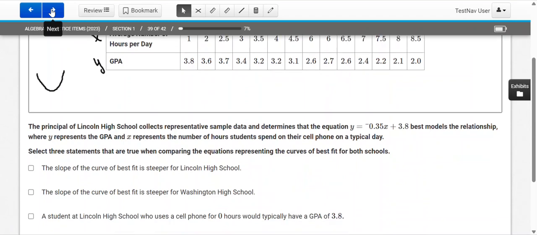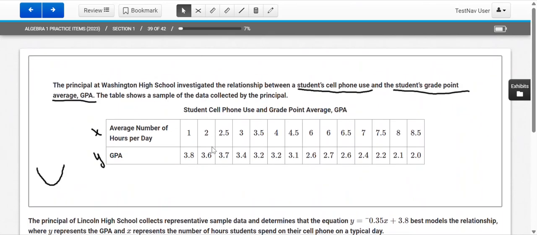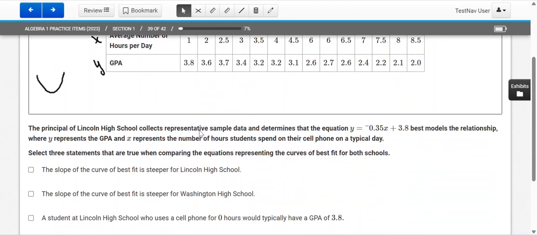So same thing, and then another question. The principal of Lincoln High School. Now, let me make a note here. The data that we have here is for Washington High School, but we're looking at a different high school.